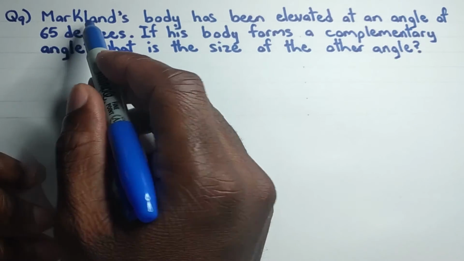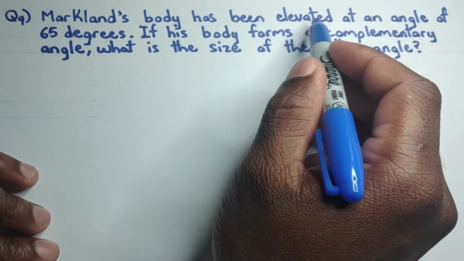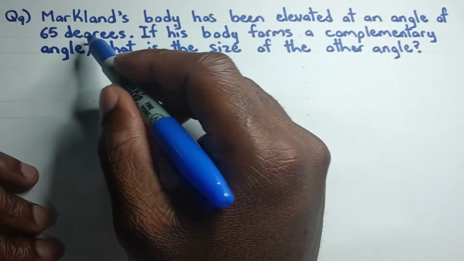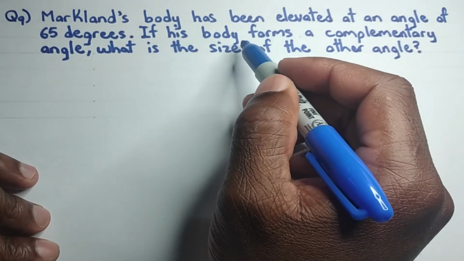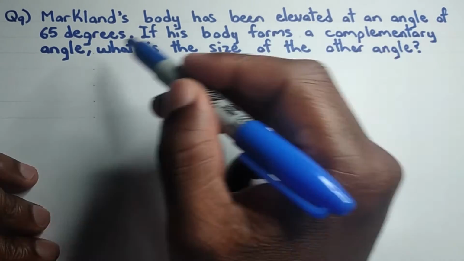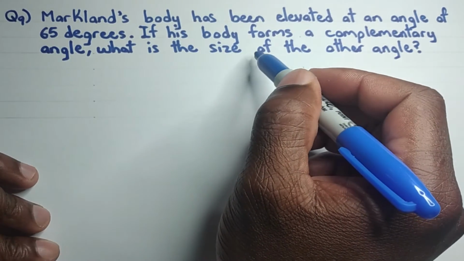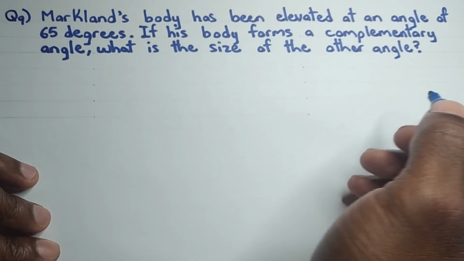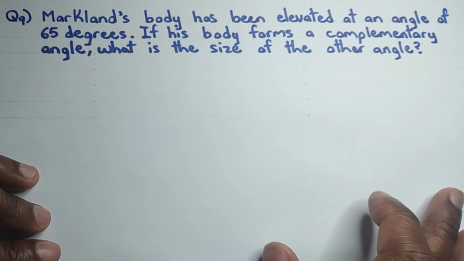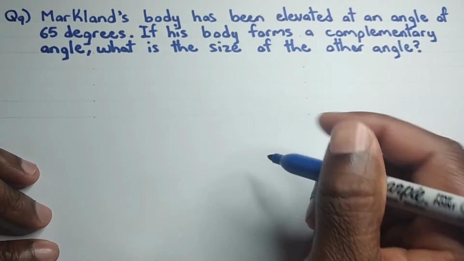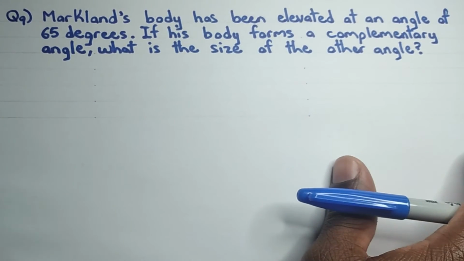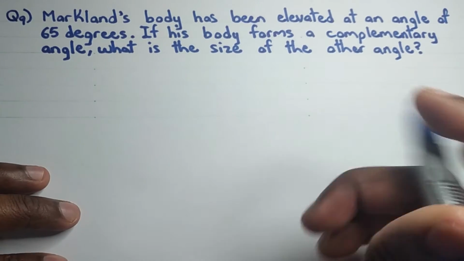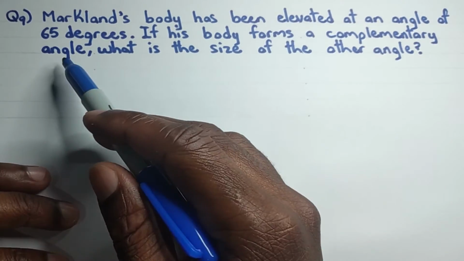So Mark Land's body has been elevated at an angle of 65 degrees. If his body forms a complementary angle, what is the size of the other angle? So complementary angles: if we have 2 angles and those angles add up to give us 90 degrees, we refer to that as complementary angles.